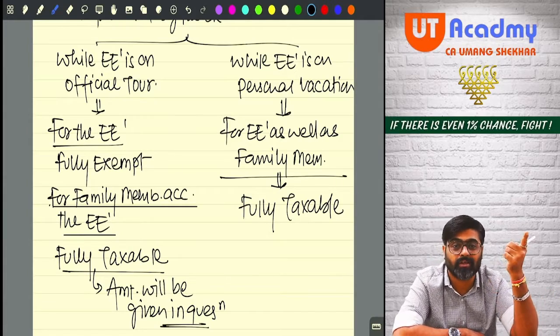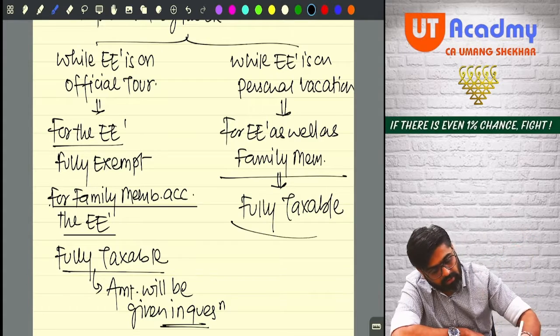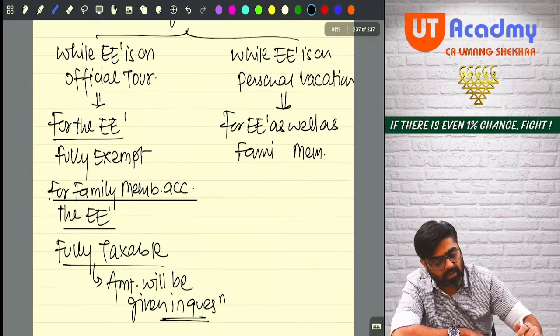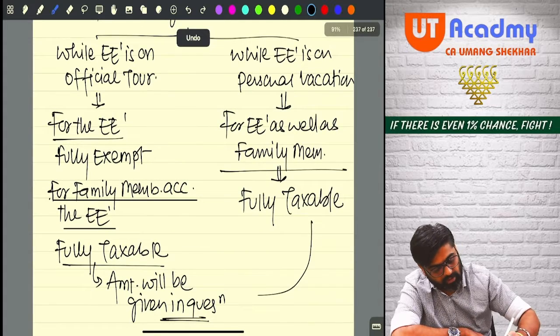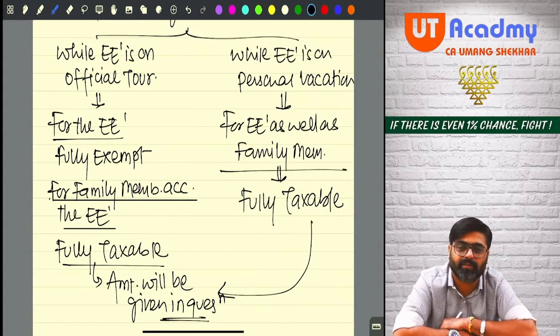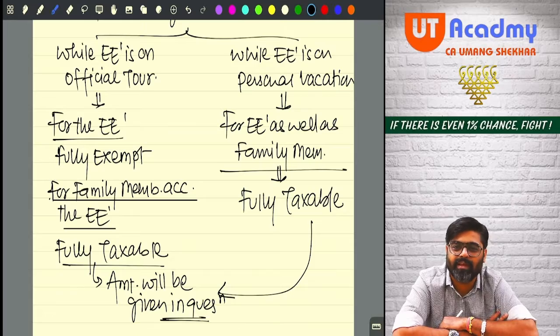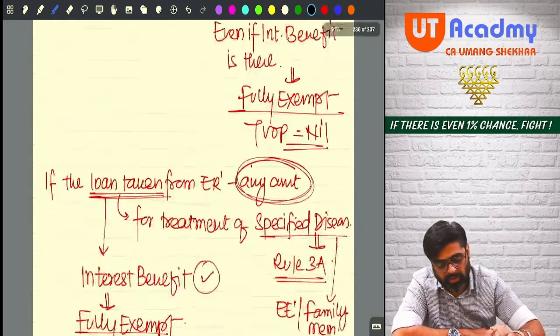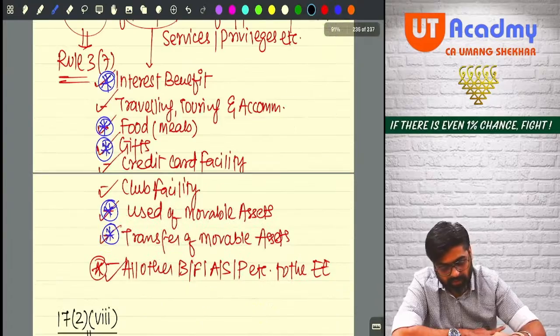Because now the visit is not an official visit, it is a personal visit. It is a vacation. So whatever benefit there is will be fully taxable. And don't worry, this amount will also be given in the question. Done? Sure? So this was your second perquisite in clause number 8.